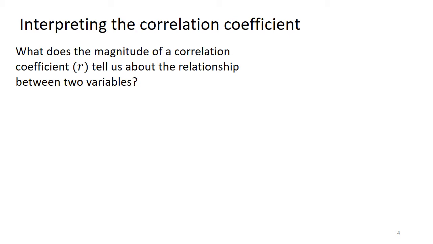The magnitude of the correlation indicates the strength of the relationship. The correlation of 0.7 is stronger than the correlation of 0.3.